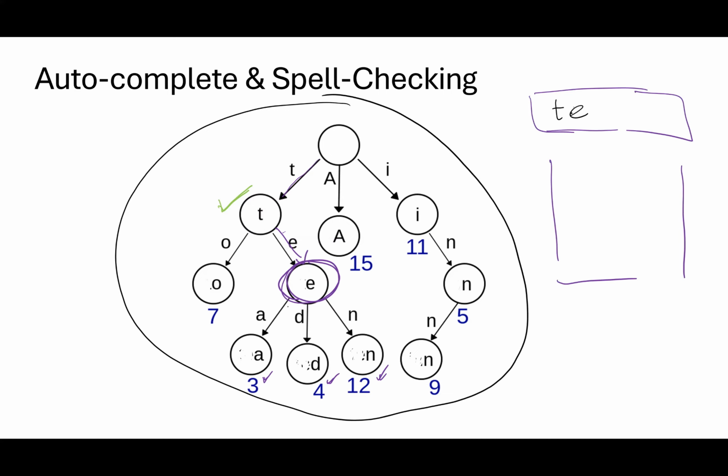If you come this way, you will see TEA, right? If you come this way, you will see TED. If you come this way, it's TEN, right? So it will start showing you these autocomplete results.